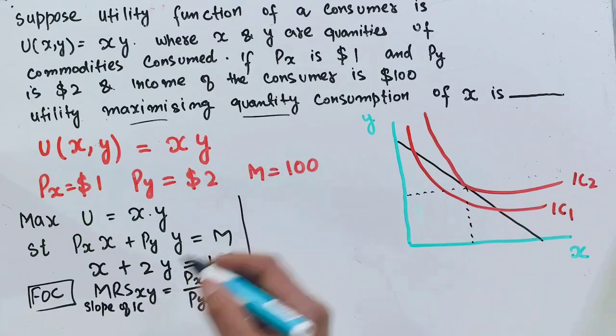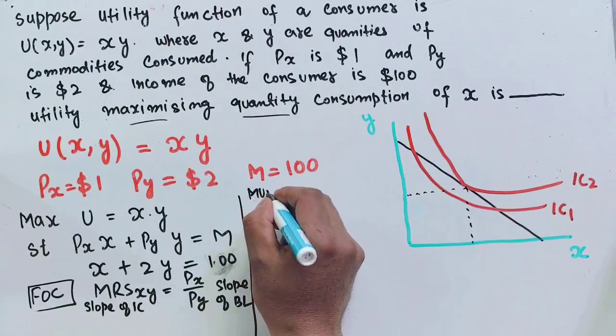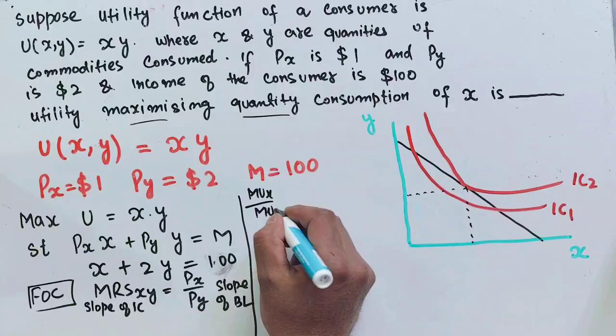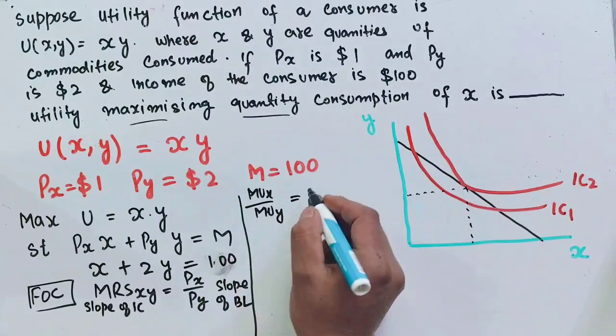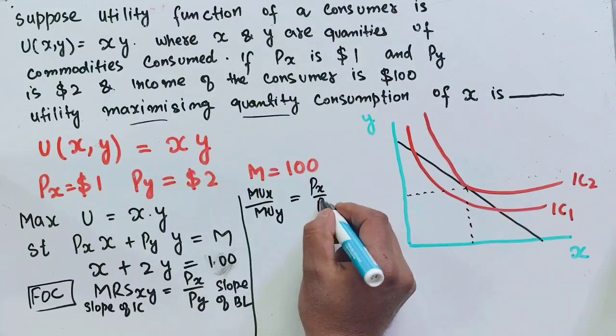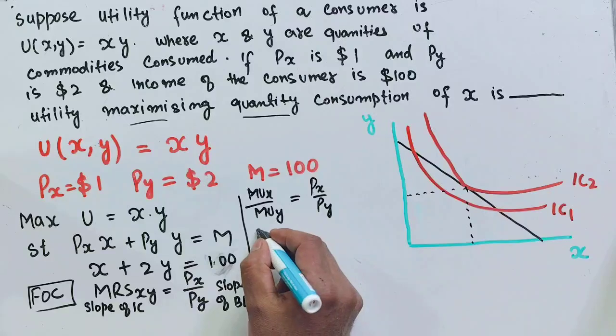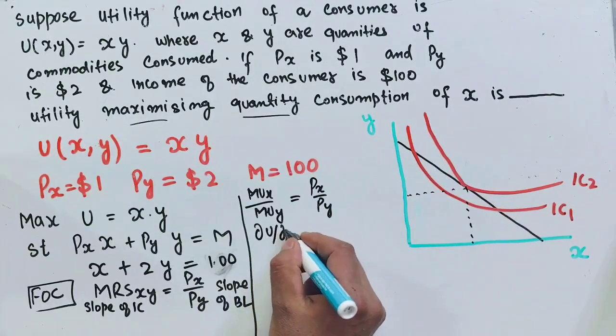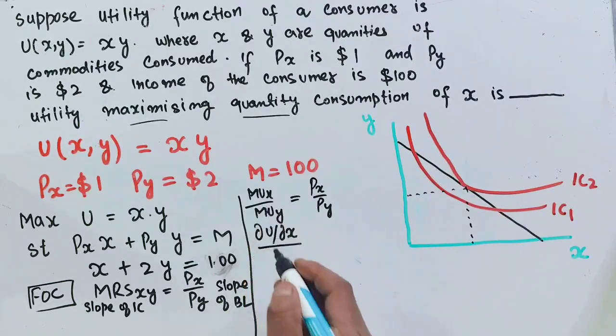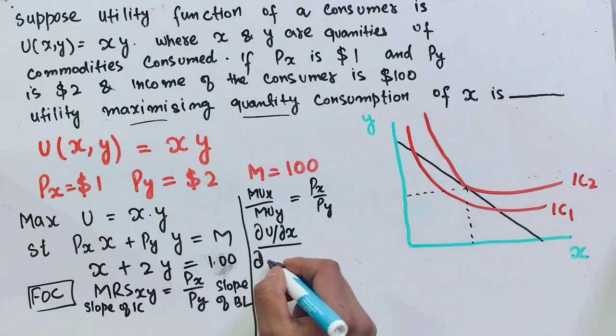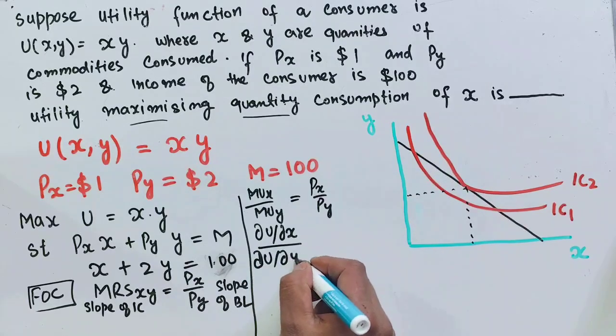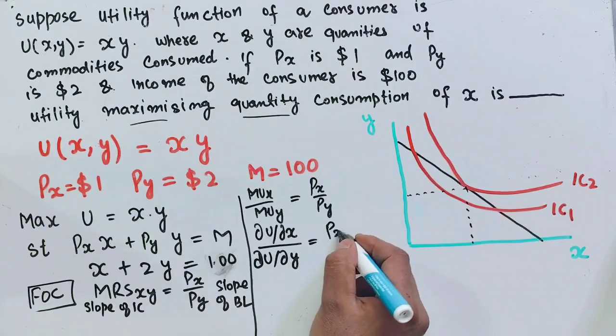MRS is simply the marginal utility of x upon the marginal utility of good y. It should be equal to the ratio of the prices. MUx is simply the change in the utility due to the change in the consumption of good x, and similarly MUy means the change in the utility due to the consumption of good y.